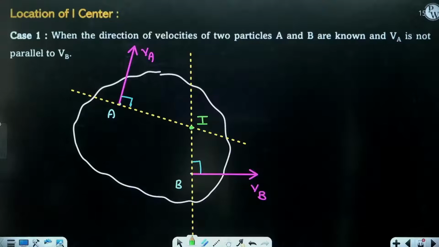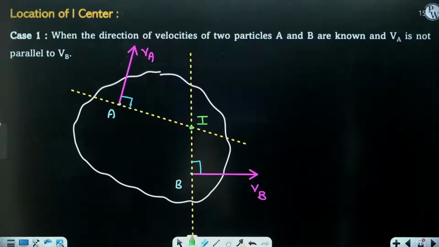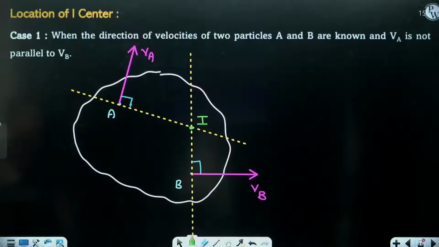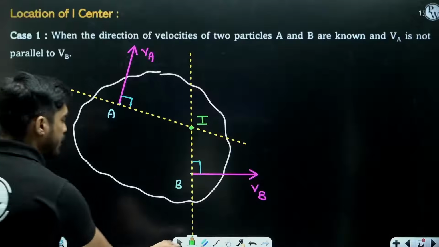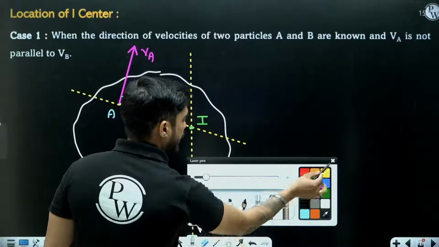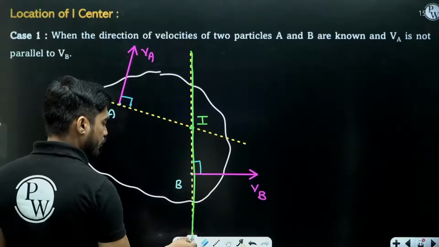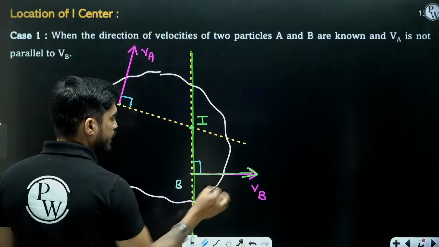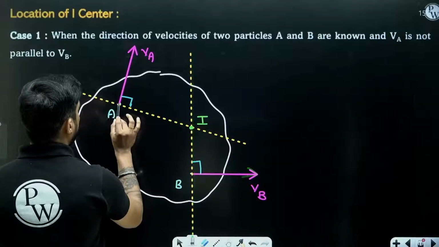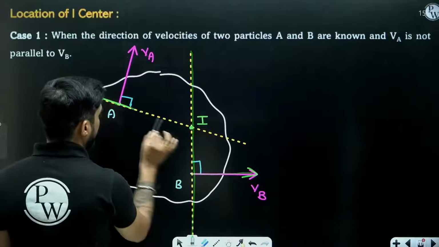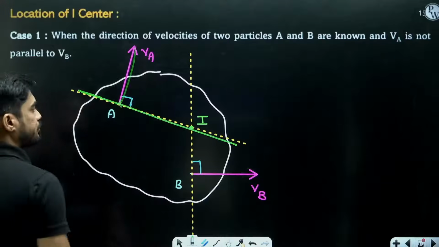So I hope you understand how to find the I center in case 1. We have the direction of VA and VB. So what we did, we drew one perpendicular line from B perpendicular to VB, and another perpendicular line from A perpendicular to VA.